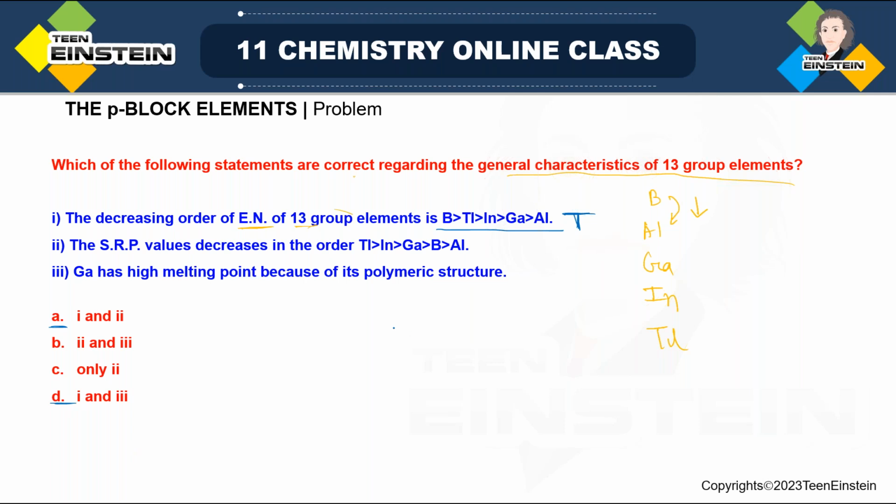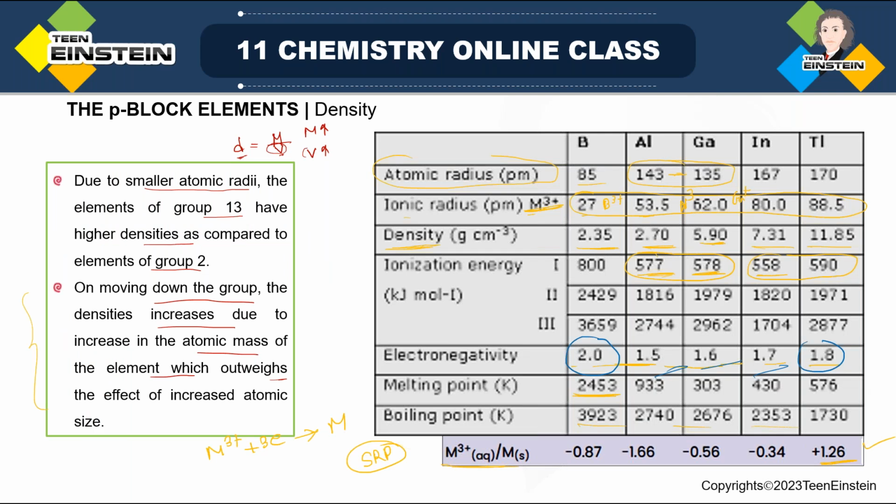Then look at the statement: SRP values decrease in the order. The maximum value is mentioned for Tl, and that is true. Remember, it is the only one which has a positive value, and aluminium is the maximum negative. So here again, Tl is maximum. After that, the next one is indium.